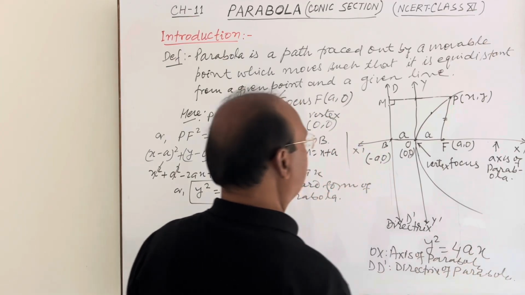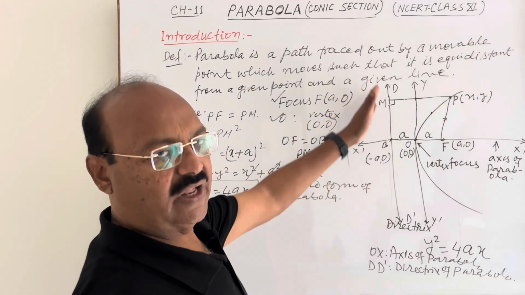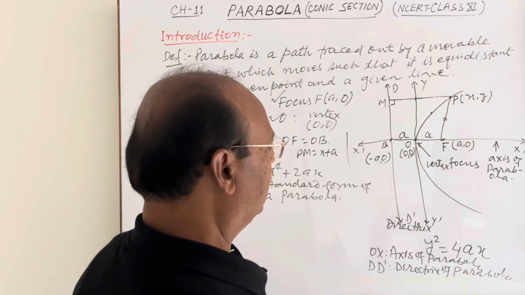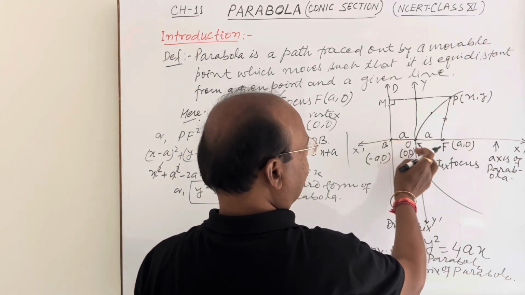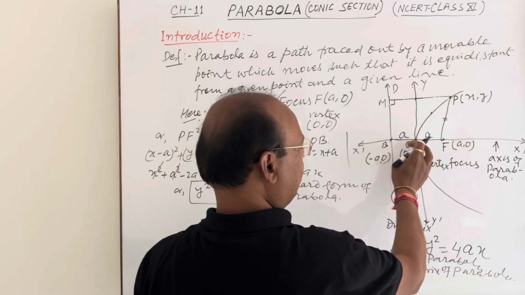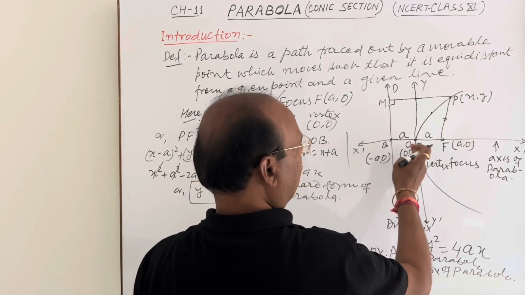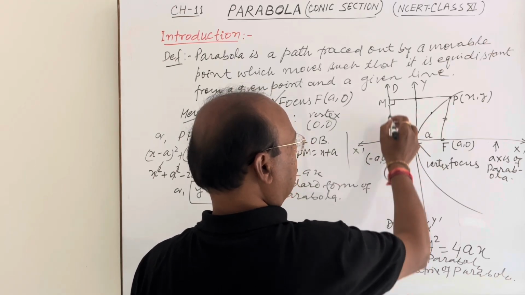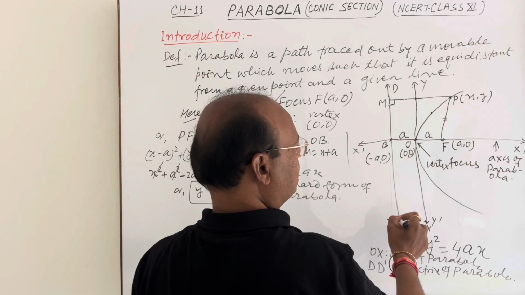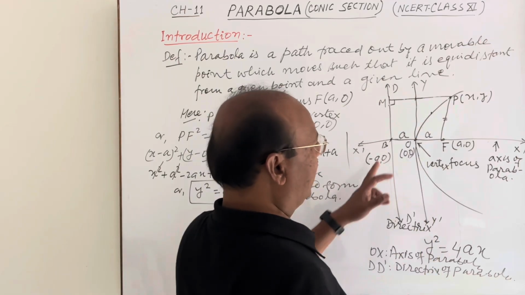Now let us understand what will be the equation of the directrix of the parabola. The distance of this directrix from the origin or vertex of the parabola is a, but on the left side. So at each and every point, its x coordinate will be minus a.